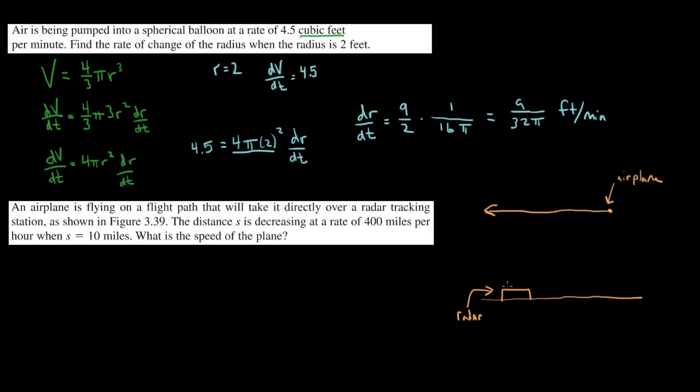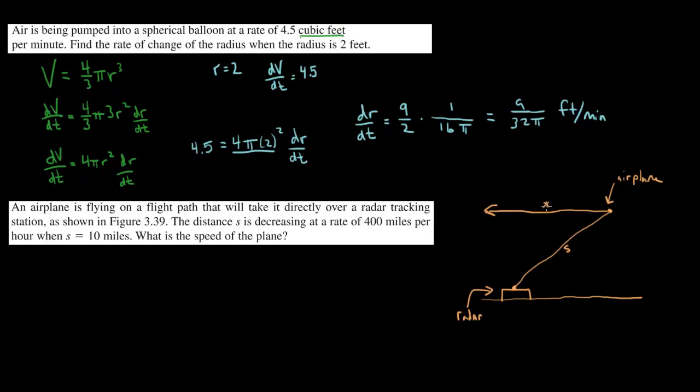What the figure shows that I haven't done here is this distance s that we're talking about, this distance right here, and again, this would be provided in a figure to you. A lot of times you do want to consider a picture. So we have this distance s.